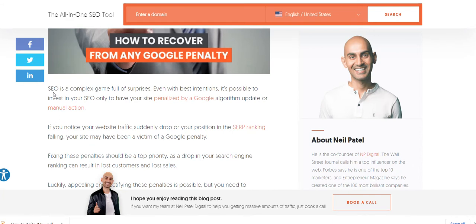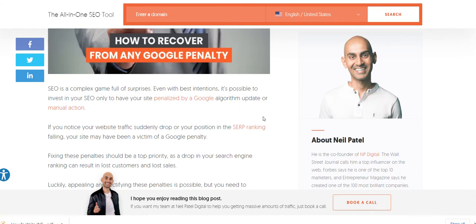So the key here is opening with the challenge. SEO is a complex game full of surprises. It's really important to set up the reader that even if they have the best intentions and they invest in SEO, they'll still end up with a penalty.